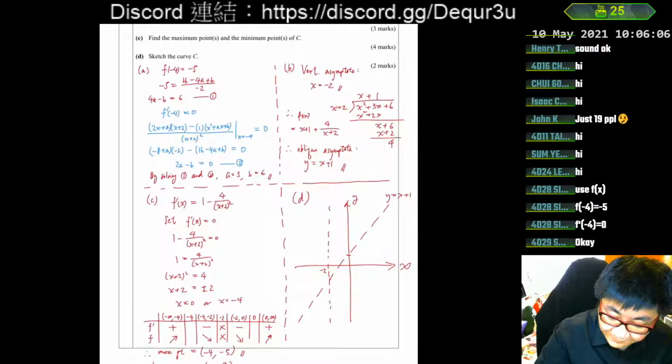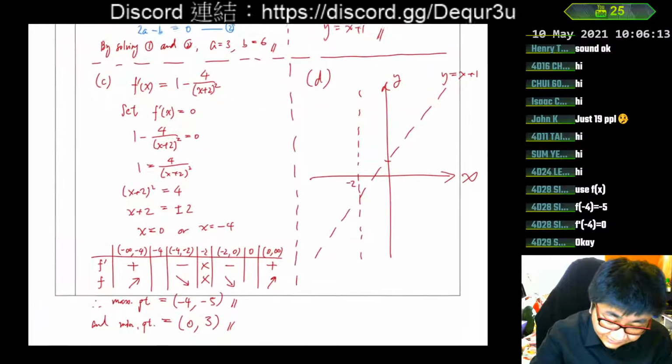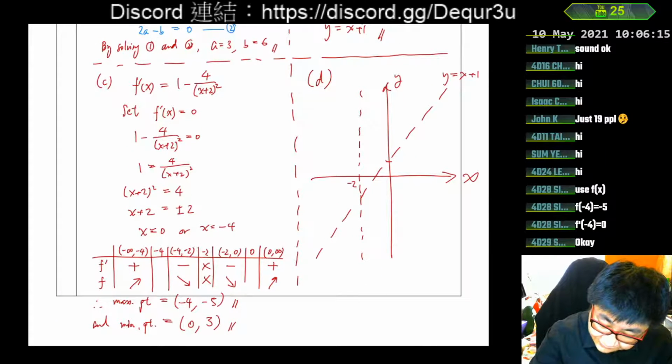Therefore, the asymptote is -4, -3, and this point is lower than the asymptote, so I zoom it in. It will be -4, -5, so probably somewhere here. Then it is the maximum point.